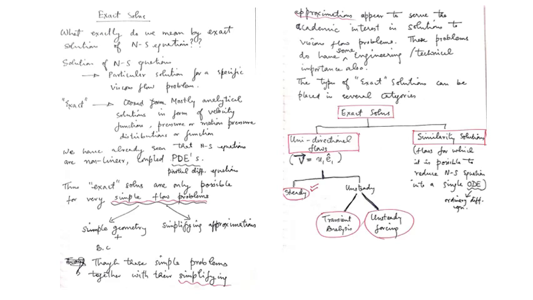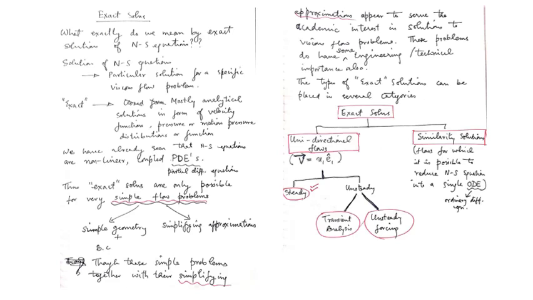So that's why I try to categorize. Broadly speaking, exact solutions have been put into two categories. One is the broad category of unidirectional flows, and the other is similarity solutions.